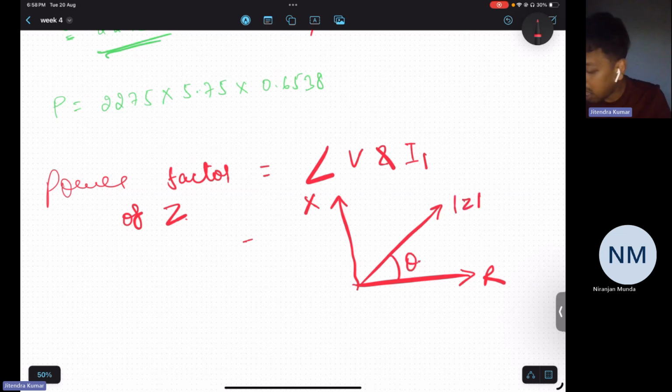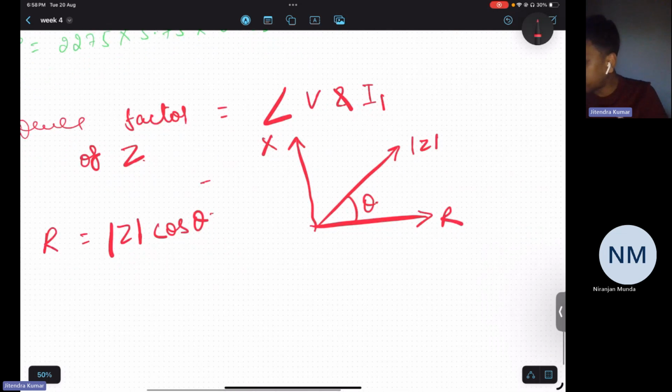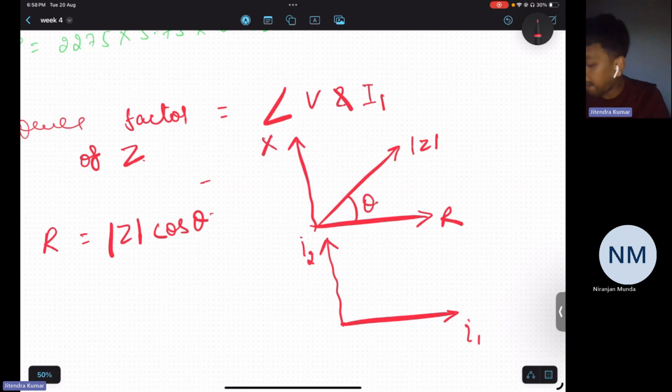So R is nothing but Z cos theta. You can also analogously write for I2, no, not in this fashion, this we cannot do.